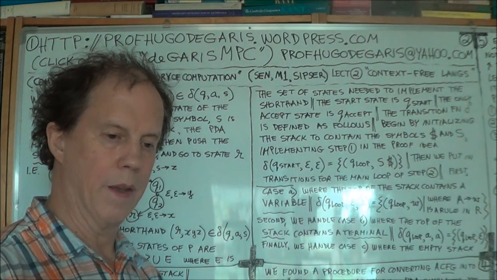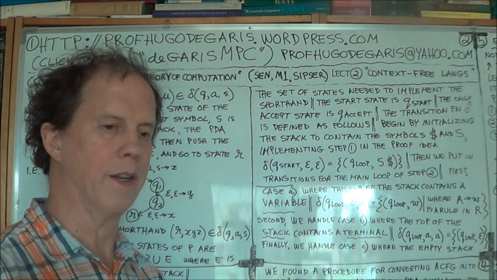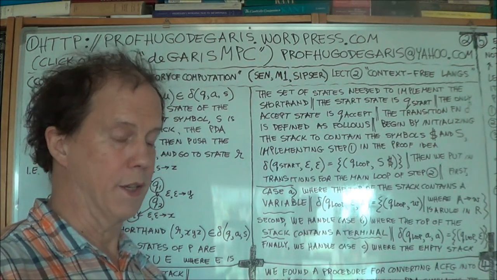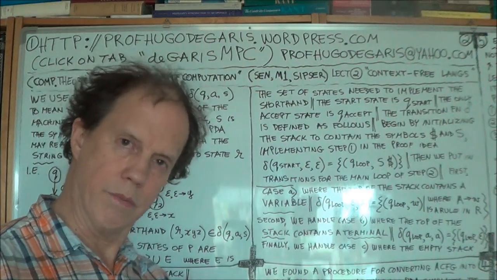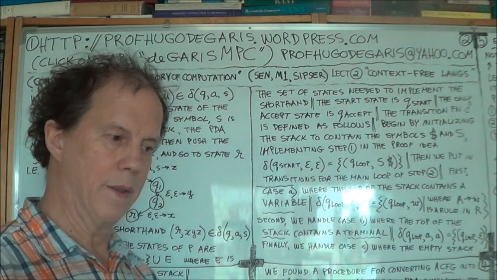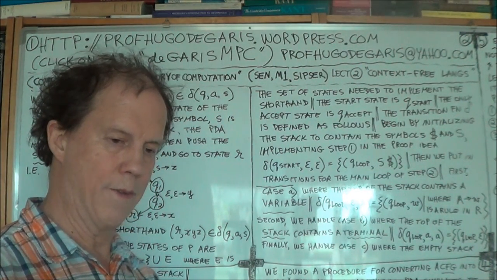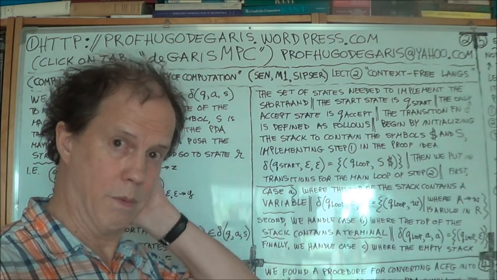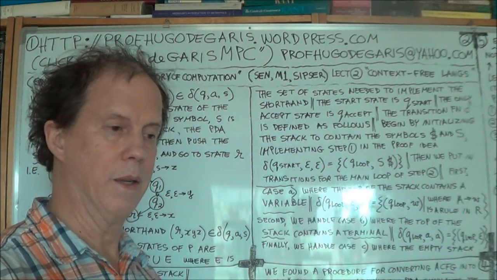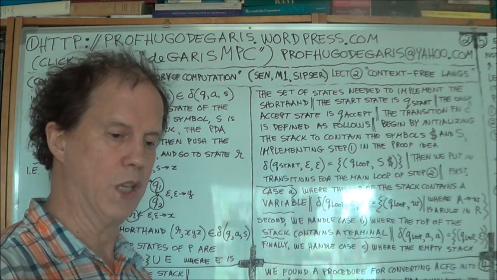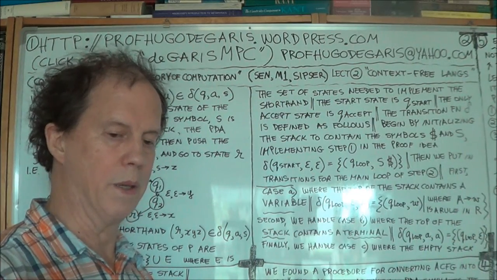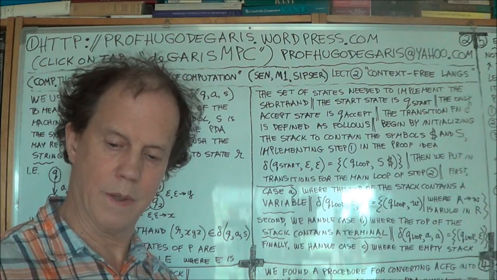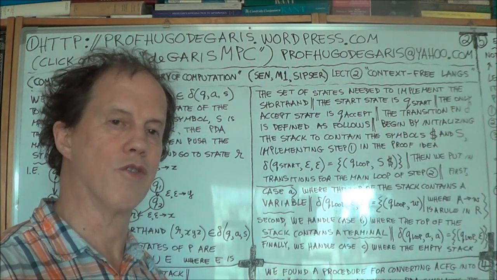So if your PDA is behaving like a grammar, in other words, using successively substitution rules or rewrite rules, then if that PDA ends up, when the last symbol in the input string has been read, in the accept state, that means it has accepted that string.